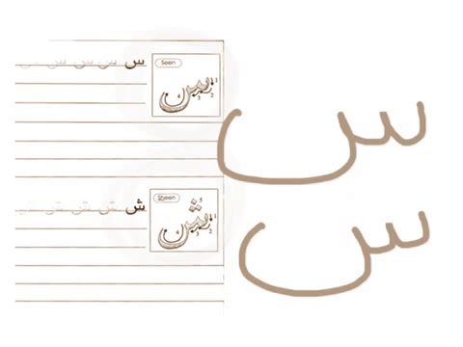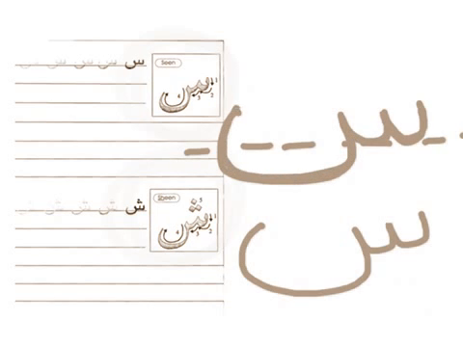So your line would be right about here. You start about a quarter of the way up the line, go down and up, down and up, down underneath the line, and back up. The letter seen. Now let's try the letter sheen. It's made in the same way that seen is made.